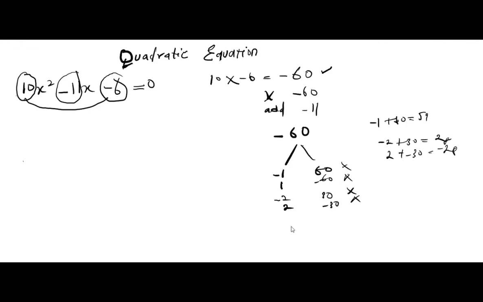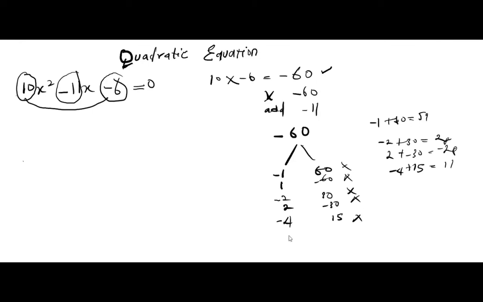Let's consider 4 and 15. 4 times 15 is 60. So let's attach the sign here. Negative 4 times 15 is negative 60. Good. Then negative 4 plus 15 is positive 11. So this is not correct.